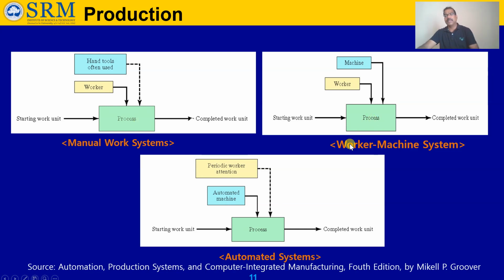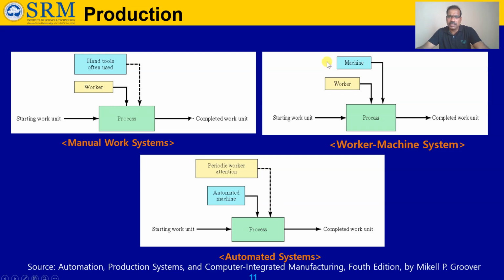In the second one, the worker machine system, there is input and output with a process in between. Here the worker is there and machineries are also there. For example, classically, think about our machine shop or workshop, where the worker does lathe operation, a turner, or a CNC operator does the machining.